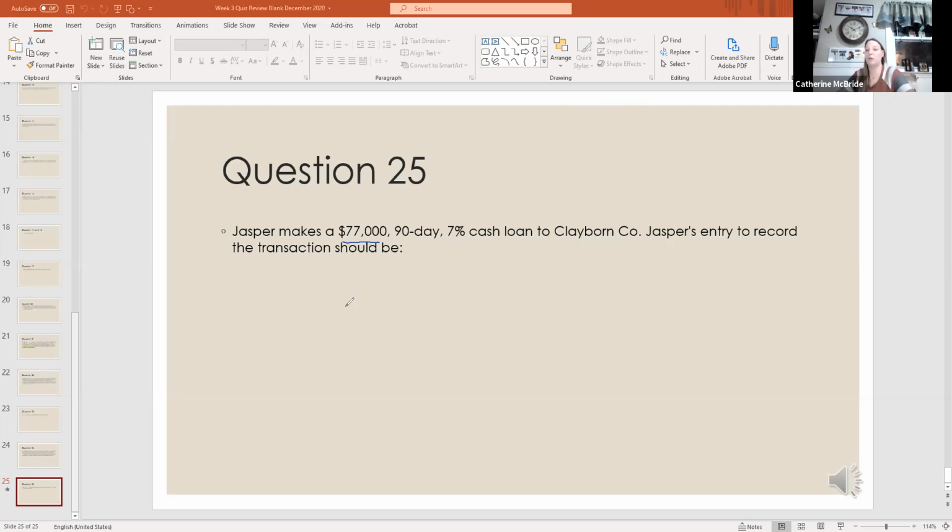None of the interest or anything else matters. All that matters is he now has a note receivable, and he gave away cash for $77,000. That's it.